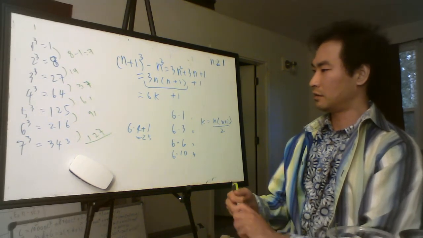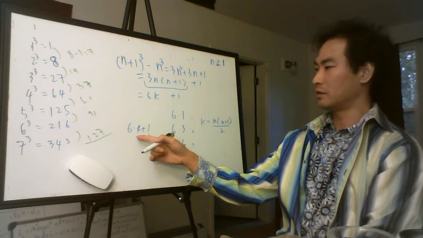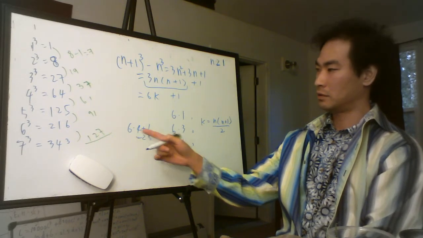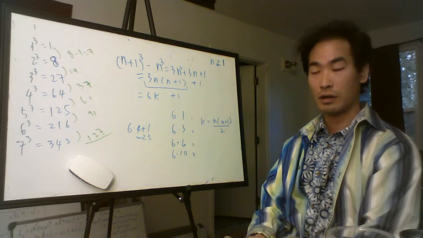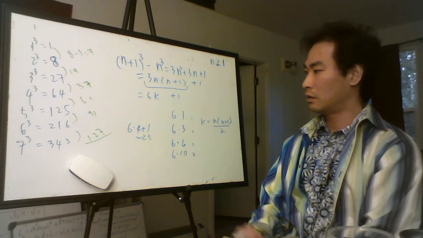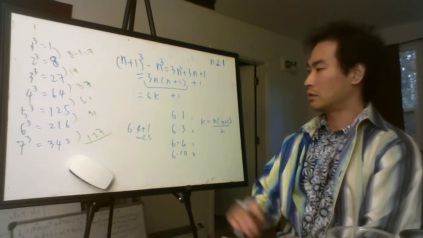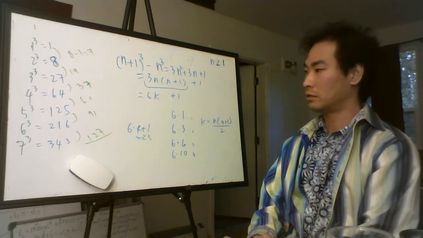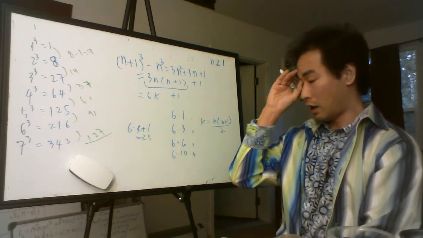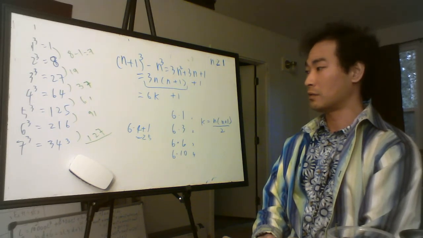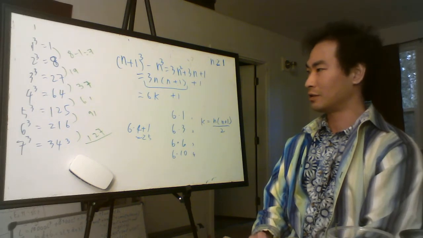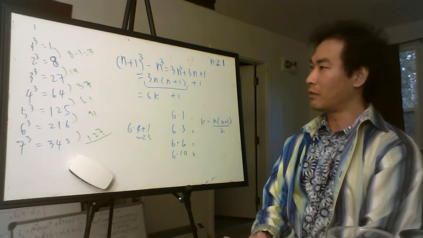See? 6 times 7, 42. Plus 1, 43. Prime number. 6 times 8 plus 1, which is 49, which is 7 times 7. That's interesting because we may have found something.